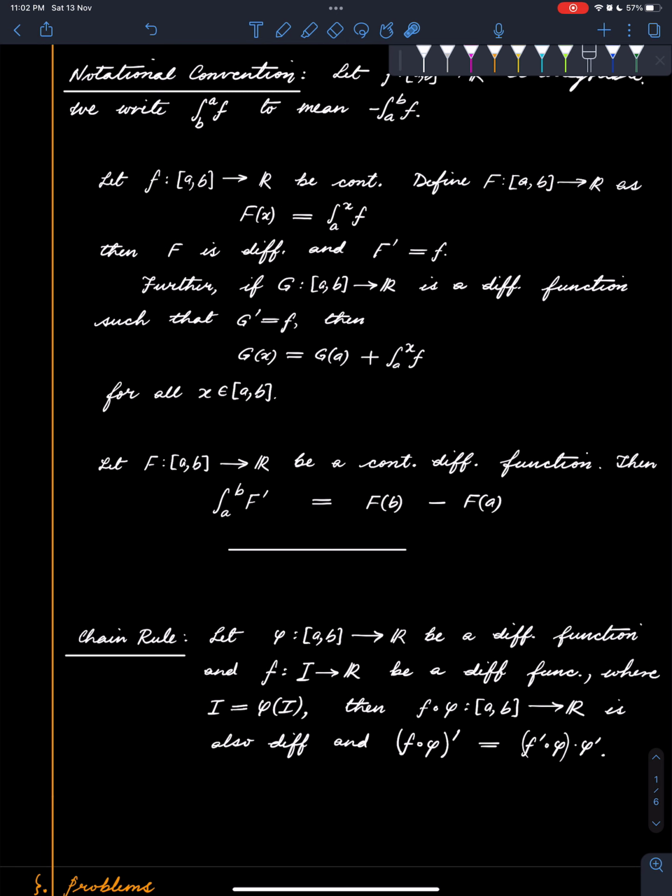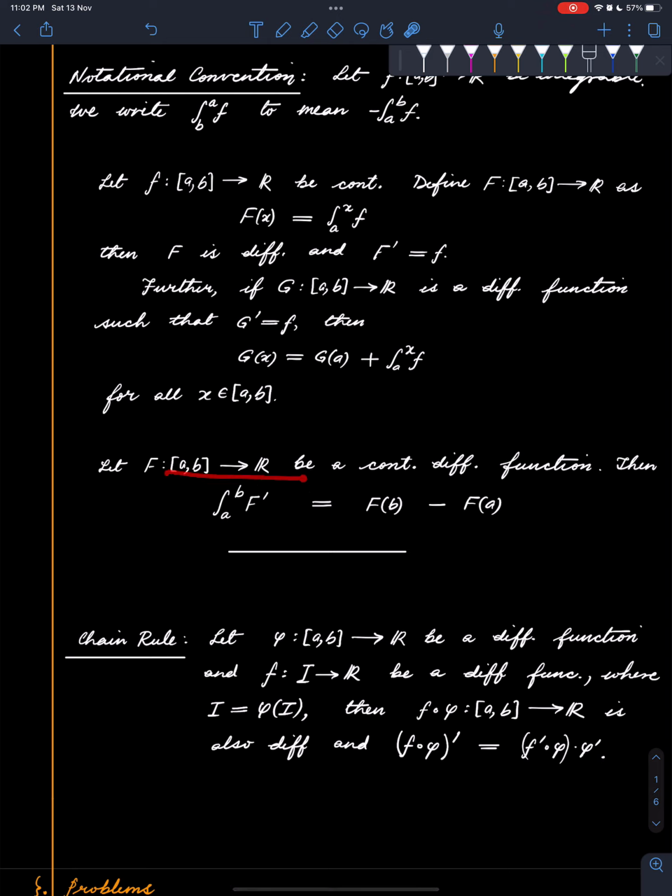One of the consequences was that if you start with a continuously differentiable function, meaning a function whose derivative is continuous, then if you integrate the derivative, you get the difference between the values at the endpoints of the domain. This is basically like saying that if you sum up all the local changes, you get the global change.